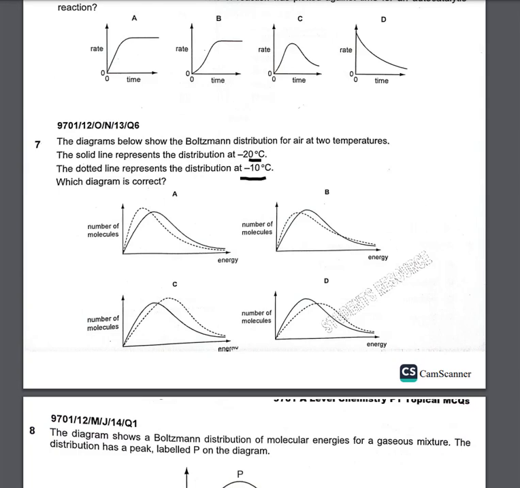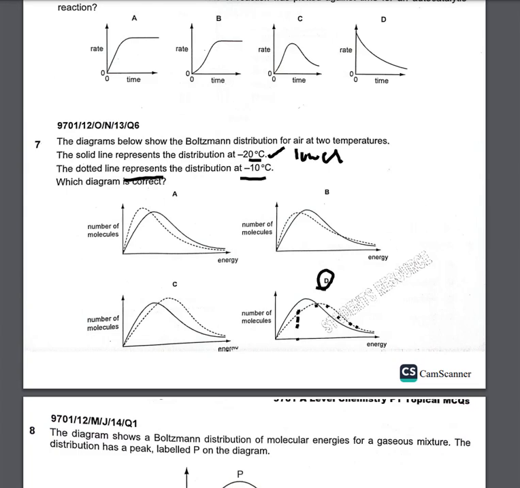Because the molecules at -20 are at lower temperature. Definitely they are going to possess more number of particles with lesser energy, unlike the dotted line as shown here. So the only graph you are going to select here is D.